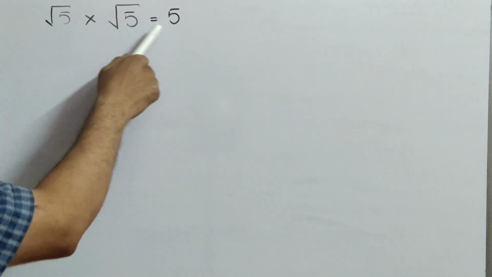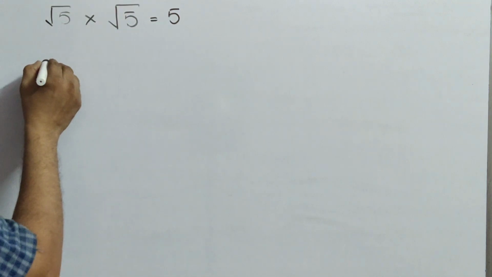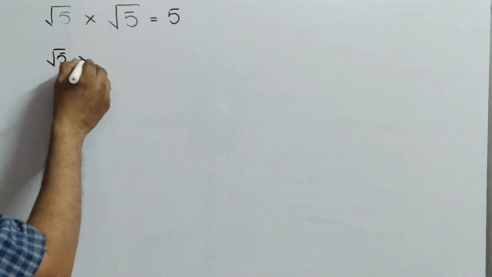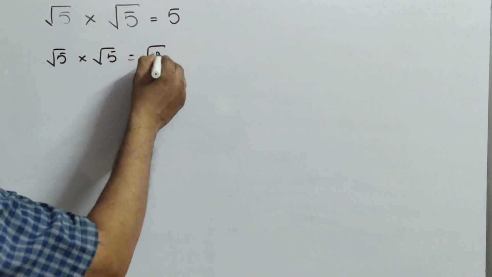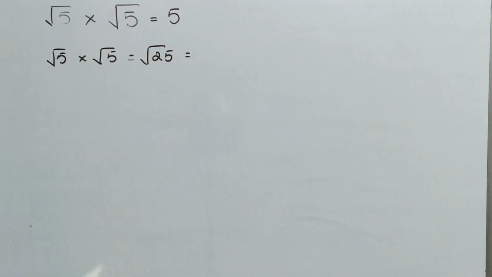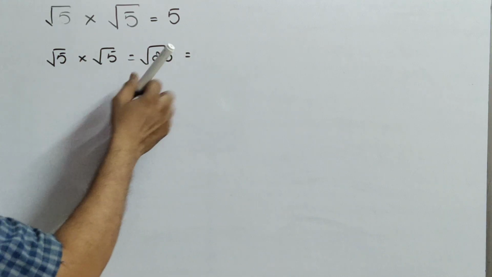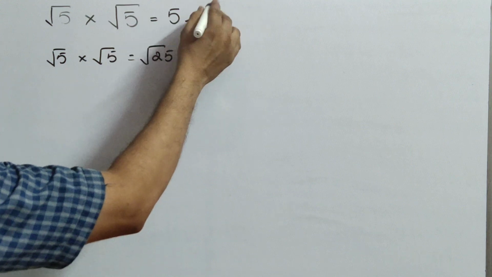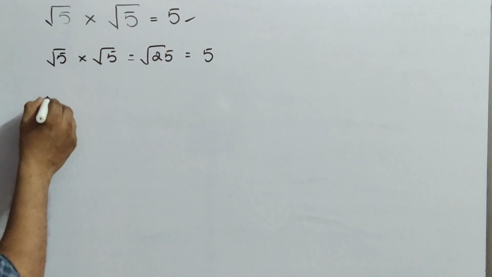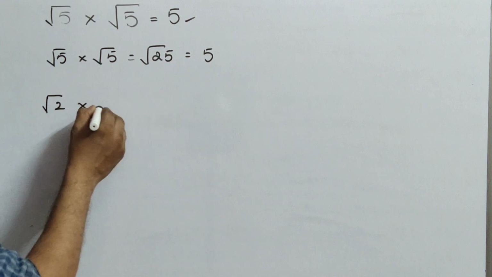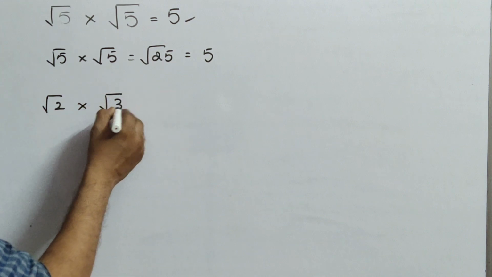And you all know how you got 5. Root 5 into root 5 is nothing but square root of 25. You know it's a perfect square. Square root of 25 is 5. Like this. Okay.